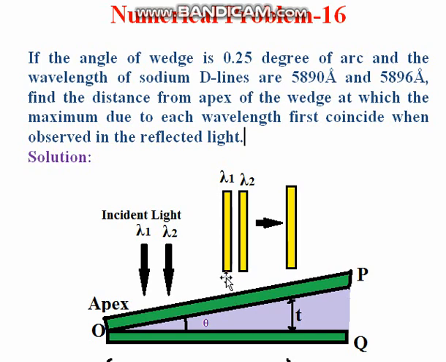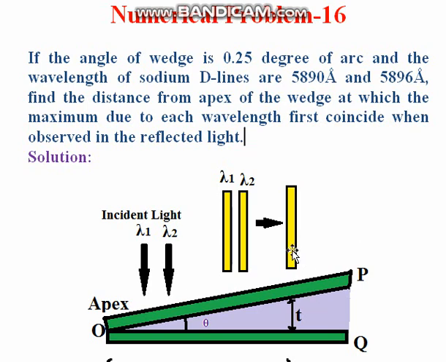Suppose this is a bright fringe due to lambda 1 of some order, the nth order bright due to lambda 1, and this is the n plus 1th order fringe due to lambda 2, and they overlap each other, and in the resultant pattern we observe a single bright band due to the overlapping of these two fringes.